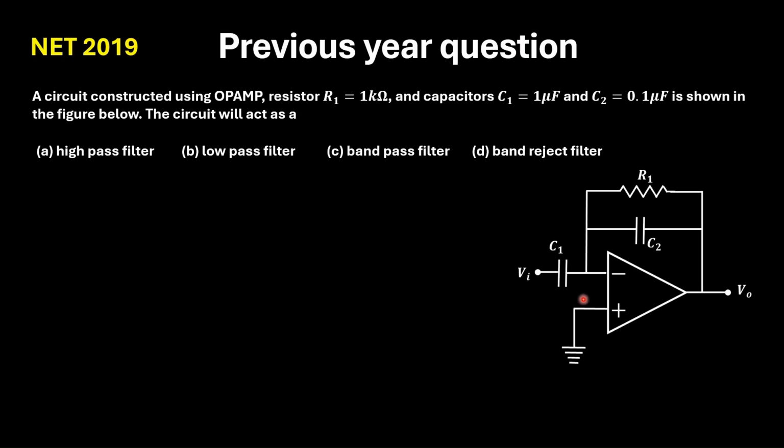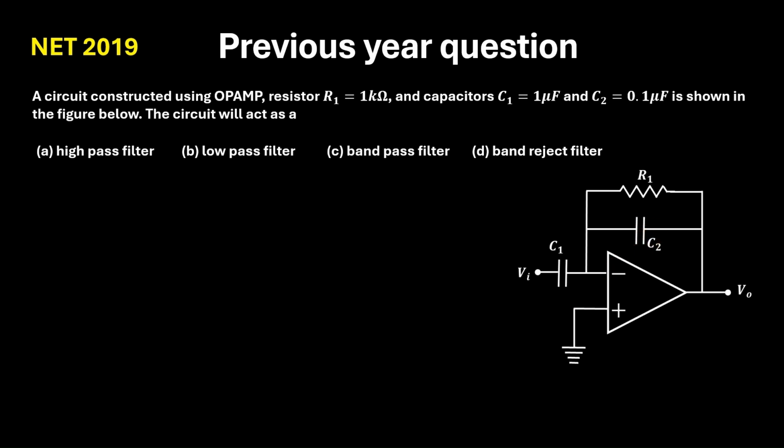So in this question we are given a circuit and we are told to find which type of filter this is. Now C2 is in parallel with R1, so the effective impedance will be R1 in parallel with the impedance of C2.